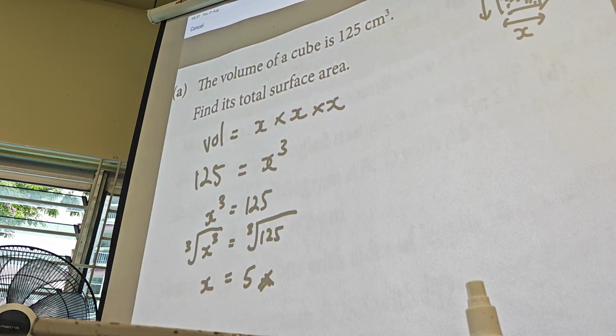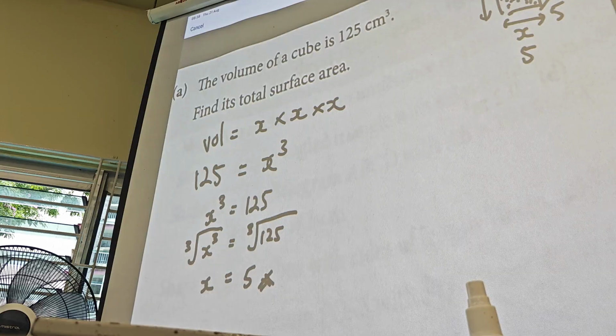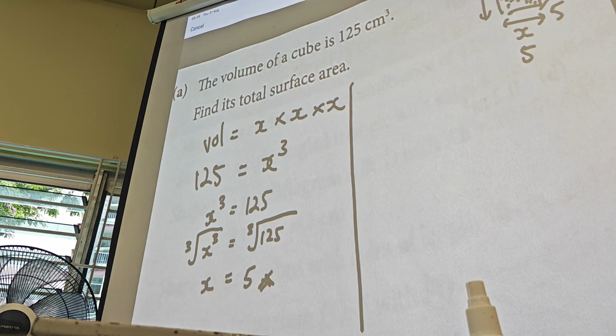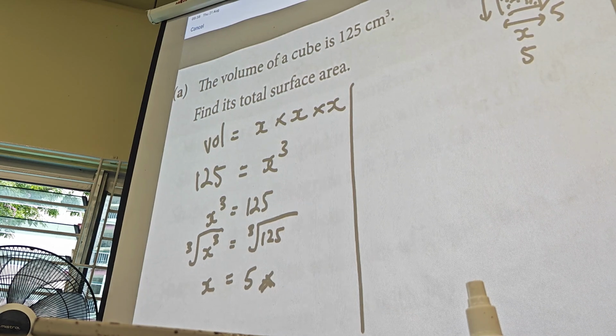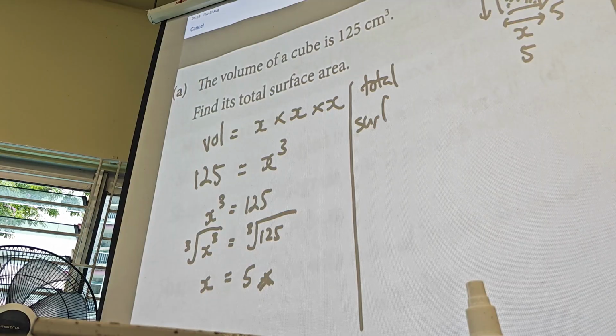So I have found that when a cube has a volume of 125 cm cubed, the side must be 5. This side must be 5. This side must be 5 also, because in a cube all sides are the same. After I find x equals 5, I can proceed to find the total surface area.